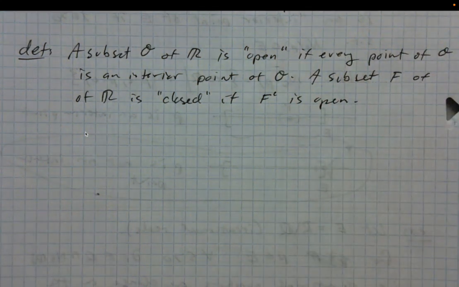So we have this definition for an open set, and if a set is closed, we say that its complement must be open.